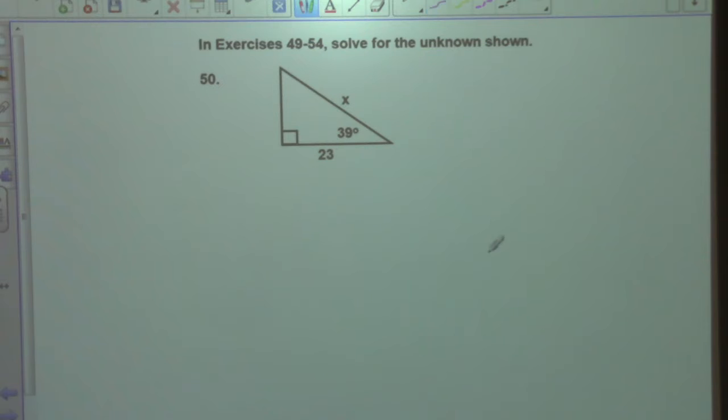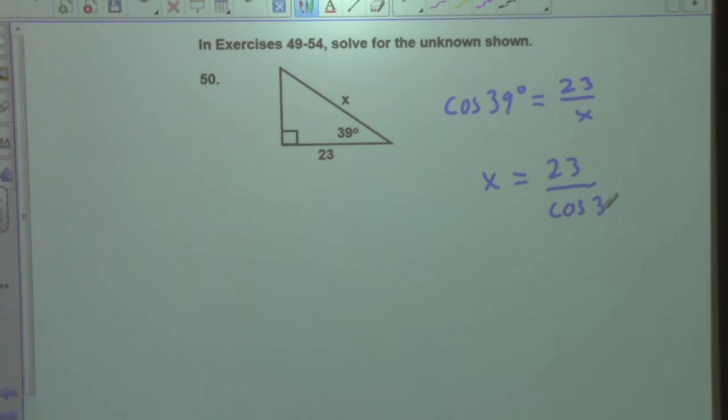So it's going to be cosine of 39 equals 23 over x. And then to change it, I did x equals 23 over cosine of 39. So did you do this kind of in a double step in your mind?